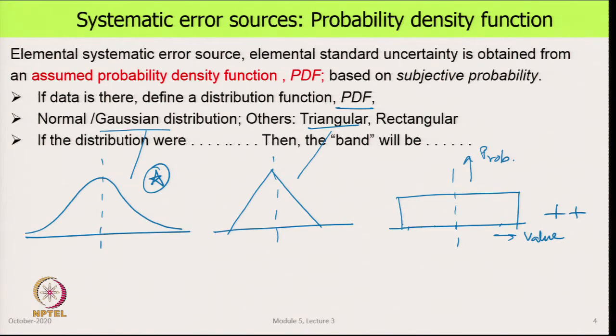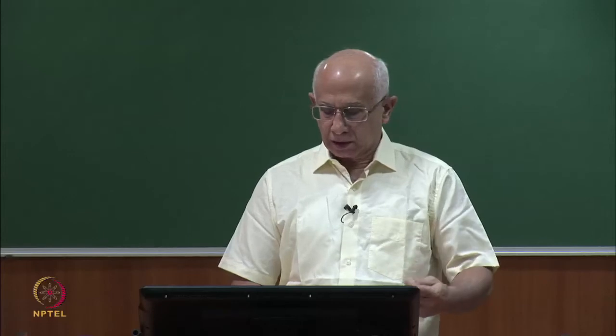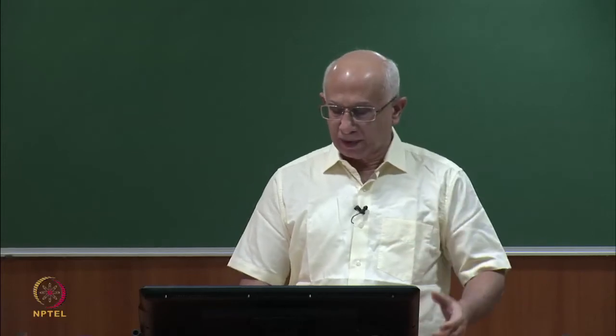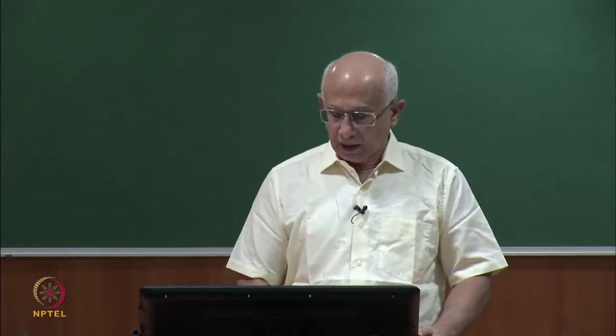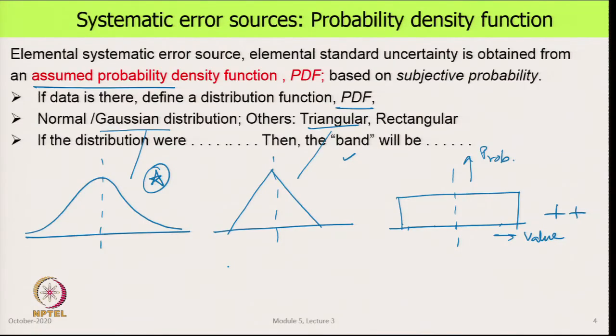So, now what we are saying is, if somehow we would have known this distribution function, which we actually do not, we are assuming it and we say, okay, this particular systematic error source has a triangular distribution function. And then we say, I have been told by the instrument catalog or by the instrument manufacturer or some other data that at such and such a confidence level, the accuracy is this much or the linearity is this much.